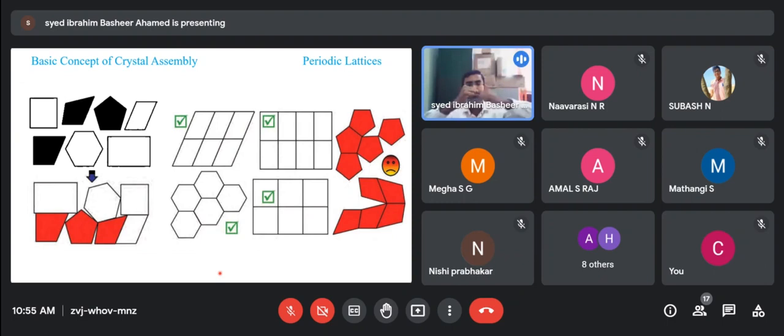It is not that you have one unit, then some gap, then another unit, and again some gap. No, the crystal will not form with any gap. Here you can see one unit, then immediately another unit, then another unit, without gaps, right? Here also you can have a pattern like this, and there is another pattern like this.